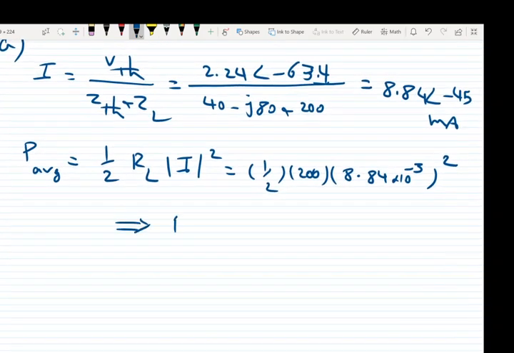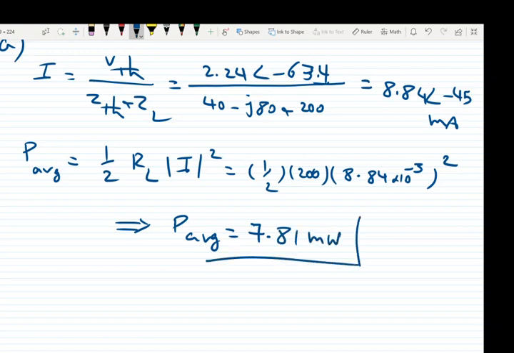So P average is equal to 7.81 milliwatt. So this one is part A.